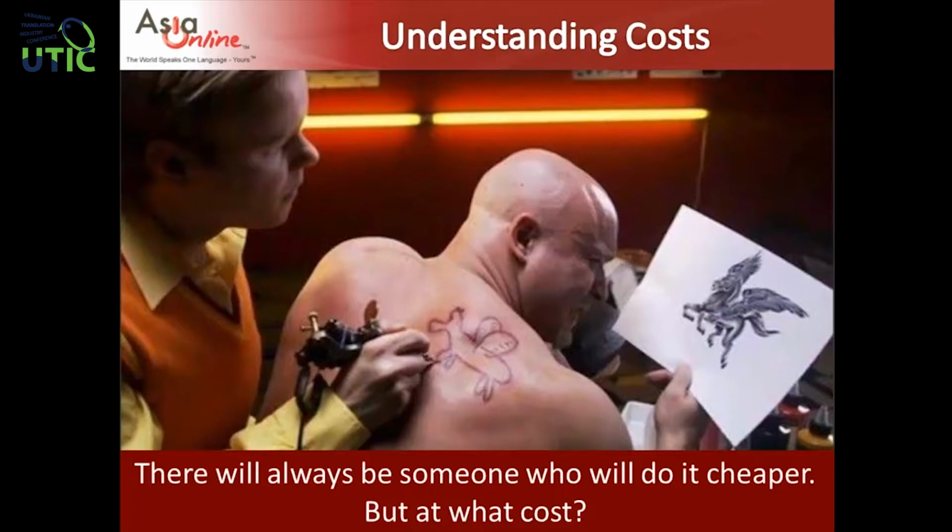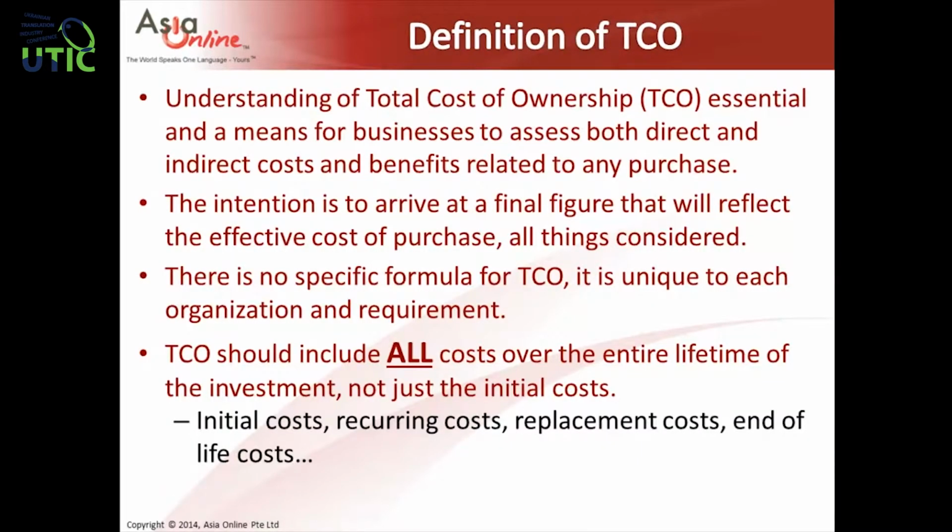This is a slide to make the point that there's always going to be someone who does it at a lower cost. But are you going to get what you want? You need to understand that there's a relationship between cost and quality. It's not like cars. We're still at a point in the technology where the range and the variation from the lowest quality solutions to the highest quality solutions is quite dramatic.